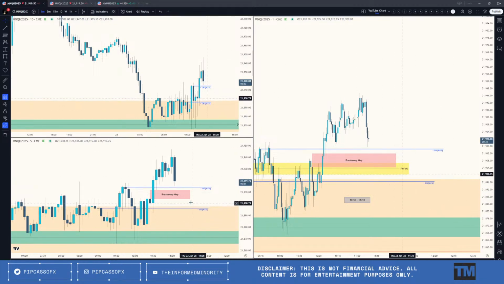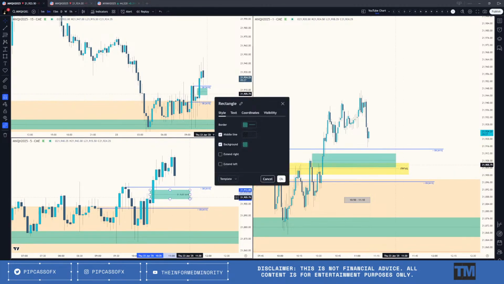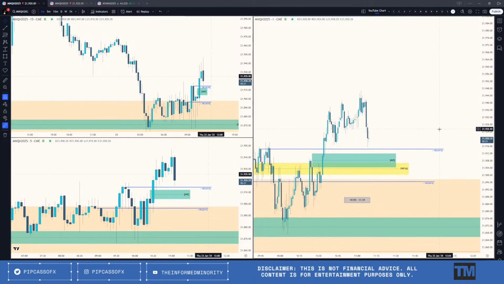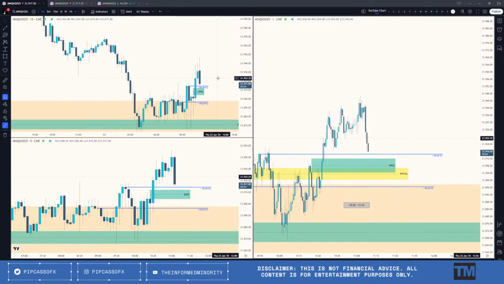So this might not actually be a breakaway gap. This may actually be a fair value gap. Let's see if we can get down there. What happens when we get there? And I like this combo there with this. But we gotta see if we can even get down there. Tapped into this.